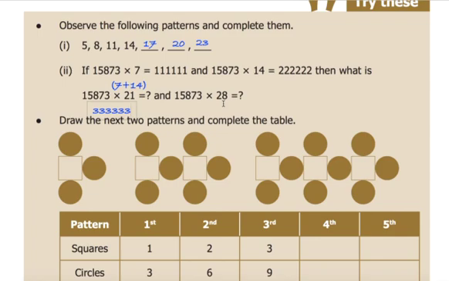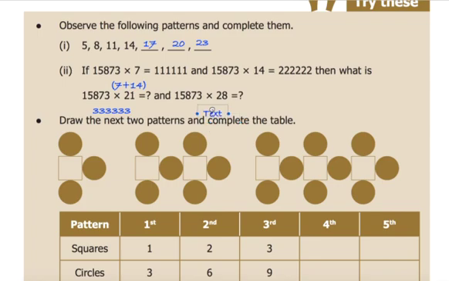What about the next one? This can be written as 21 plus 7, again the logic being the same. This is 6 threes.